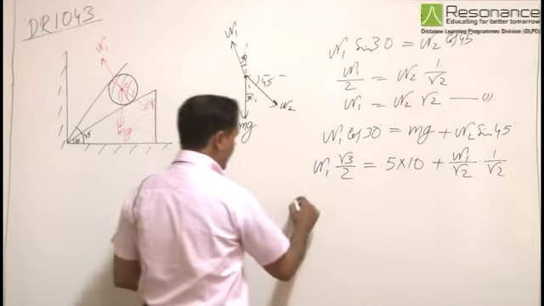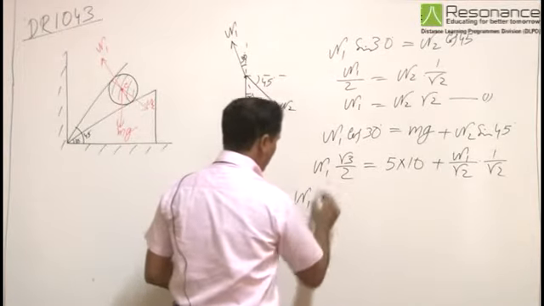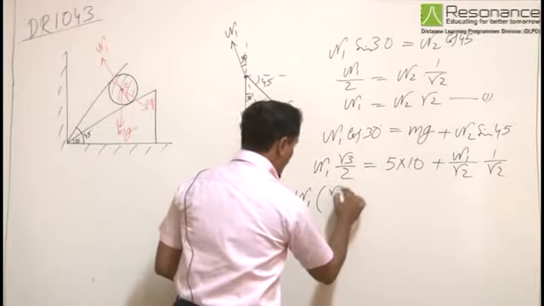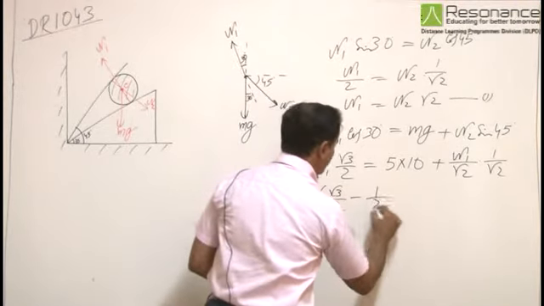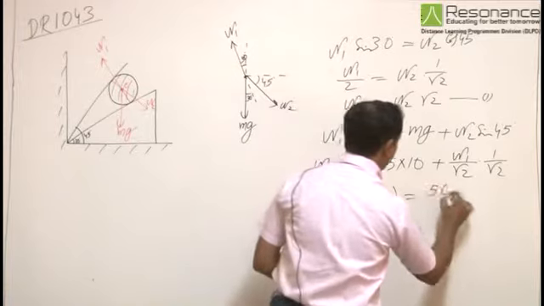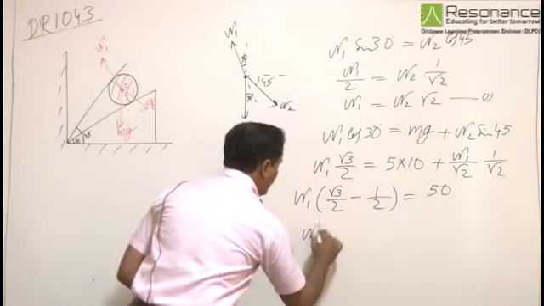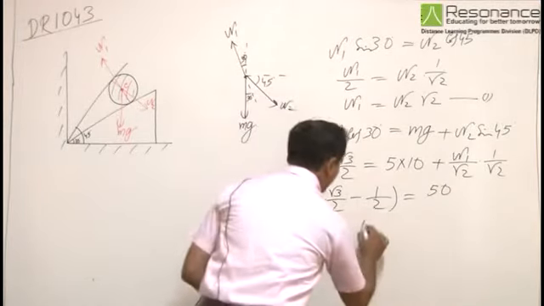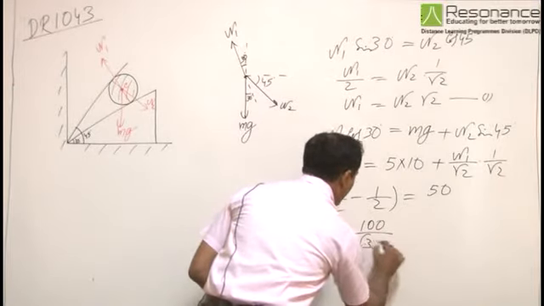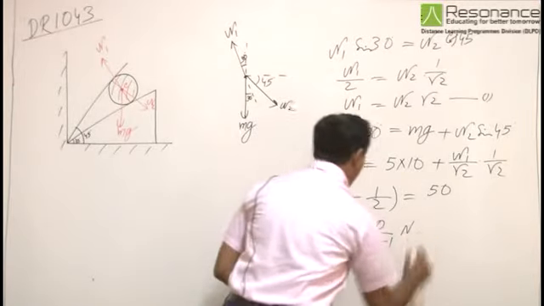So from here we can write N1 into root 3 by 2 minus 1 by 2 is equal to 50, or N1 is equal to 100 by root 3 minus 1 Newton.